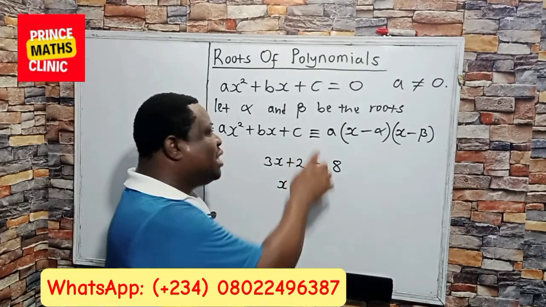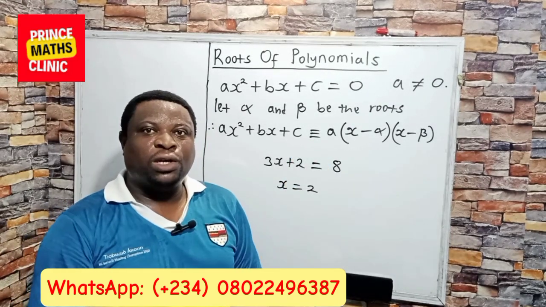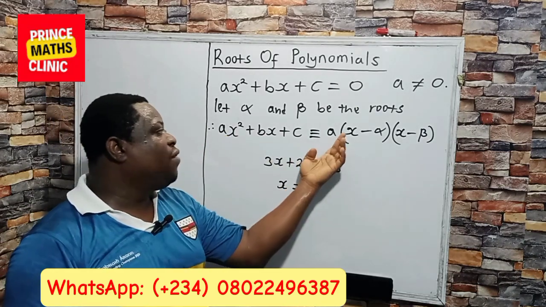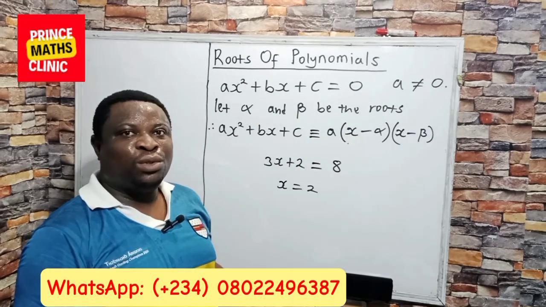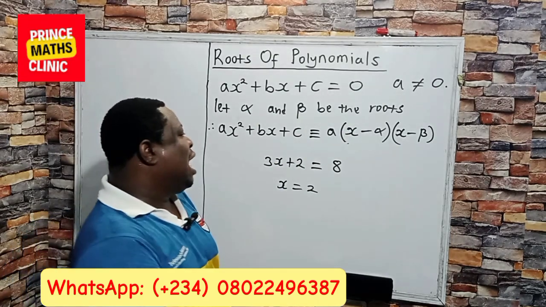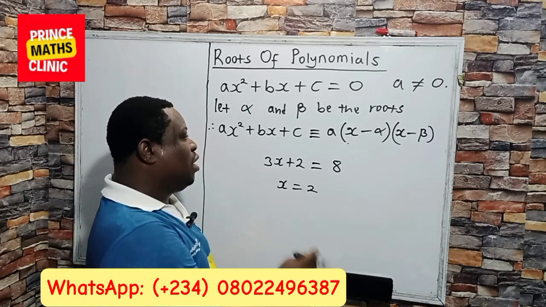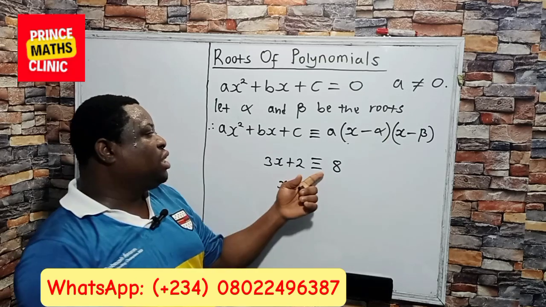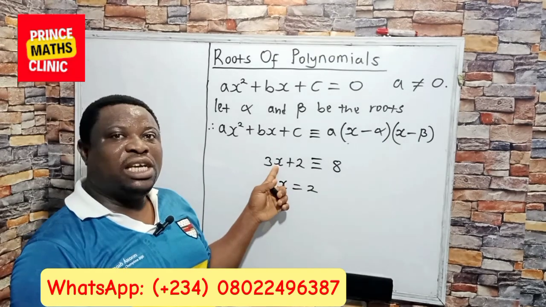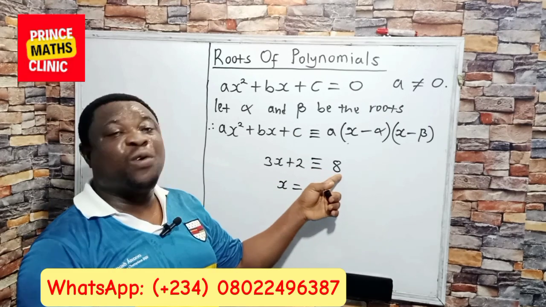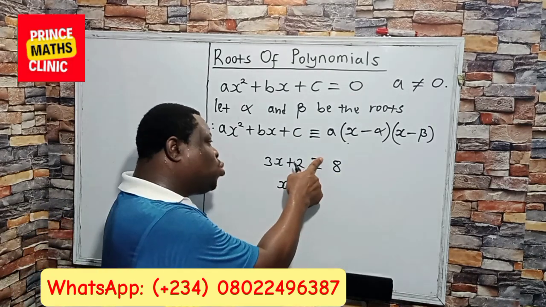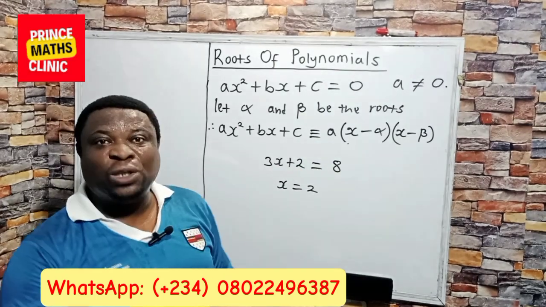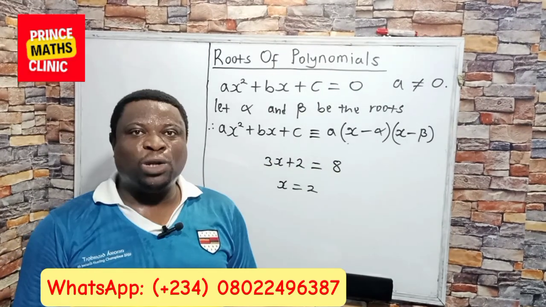But when we say equivalent, it is a stronger word, saying that whatever value of x we put here, it will always give us what we have at the right hand side. If I say x is 3 here, this statement is not true, because 3 times 3 is 9, 9 plus 2 is 11, and it's never equivalent to 8. It is only 2 that works: 3 times 2, 6, plus 2 will give us 8. Now, having known that, let us go back to what we are doing.